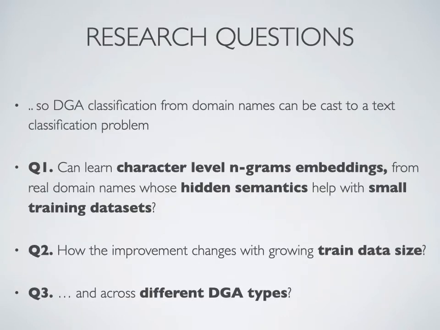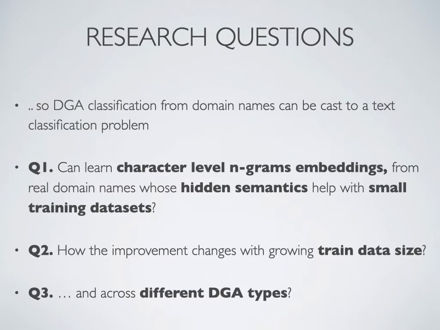Now, a DGA classification problem from domain names can be cast as a text classification problem, basically, and we all know this is today dominated by word embeddings. So the question we ask is: can we learn some embeddings that represent n-grams in domains, perhaps learned from real domain names?